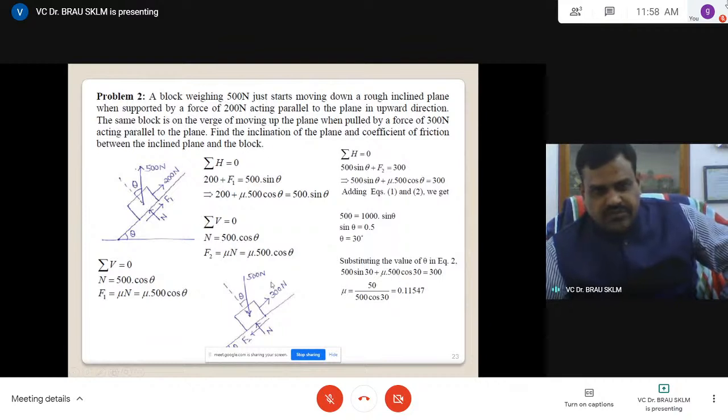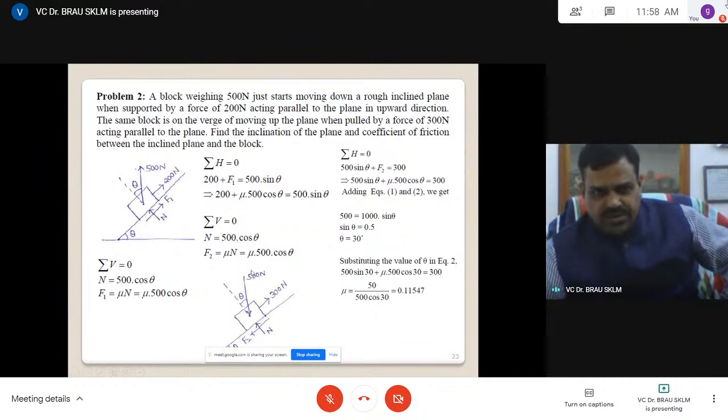Now if you find out, phi theta making an angle theta, 300 newtons, F2 and N. Now we can consider the vertical forces and horizontal force. N1 is equal to 500 cos theta. This is downwards. N1 is equal to 500 cos theta. Okay.